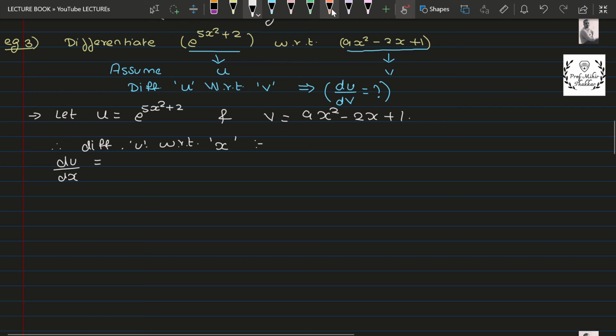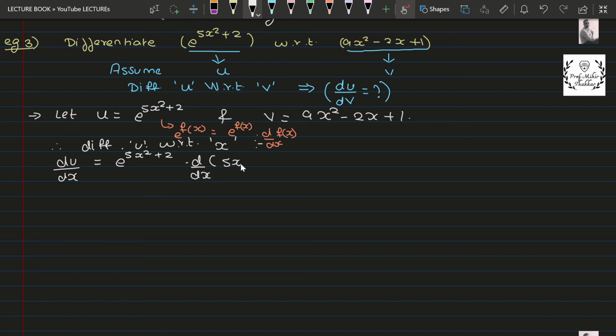Now the variable e over here is actually in the form of e to the power fx, and e raised to fx is nothing but e raised to fx itself multiplied by derivative of fx. So when I take the derivative of this function, I get the answer as e raised to 5x square plus 2 multiplied by derivative of 5x square plus 2.